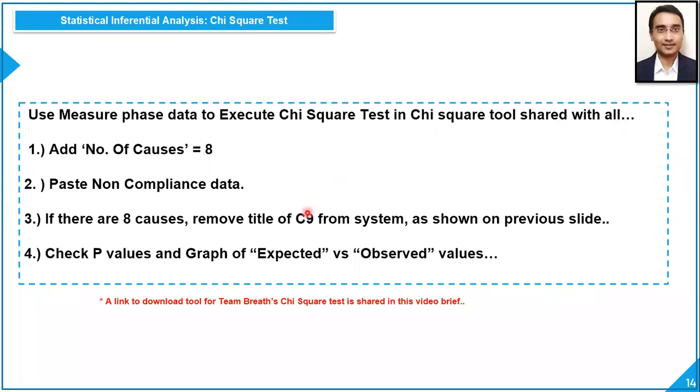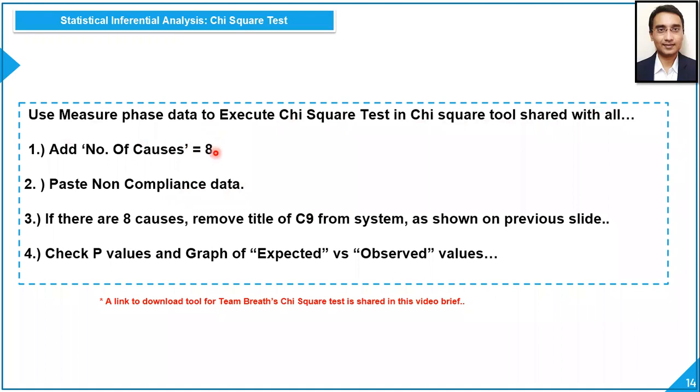By the way, by the end of this video, you can download this tool, which is shared with you. The very first thing, we add the number of causes, 8, and paste the non-compliance data. For PT non-compliance we had 8.